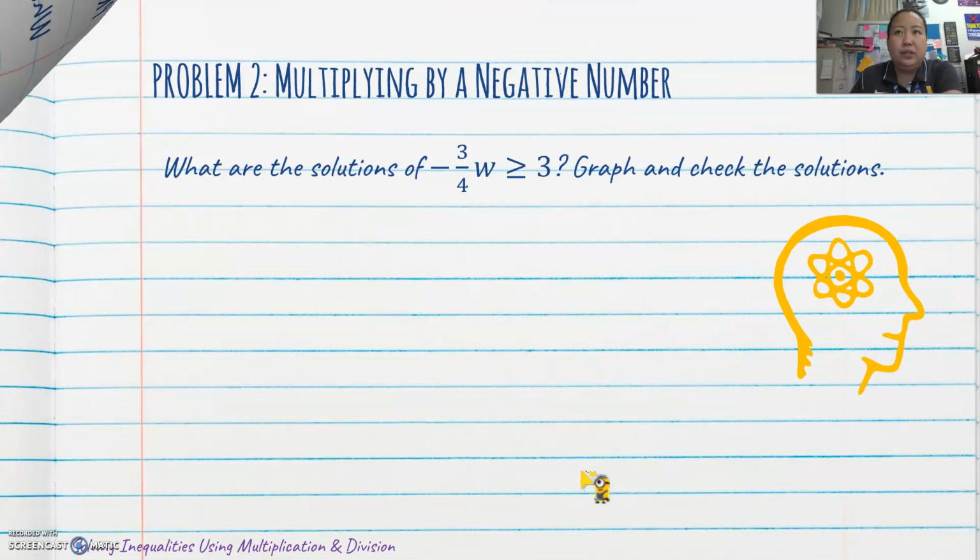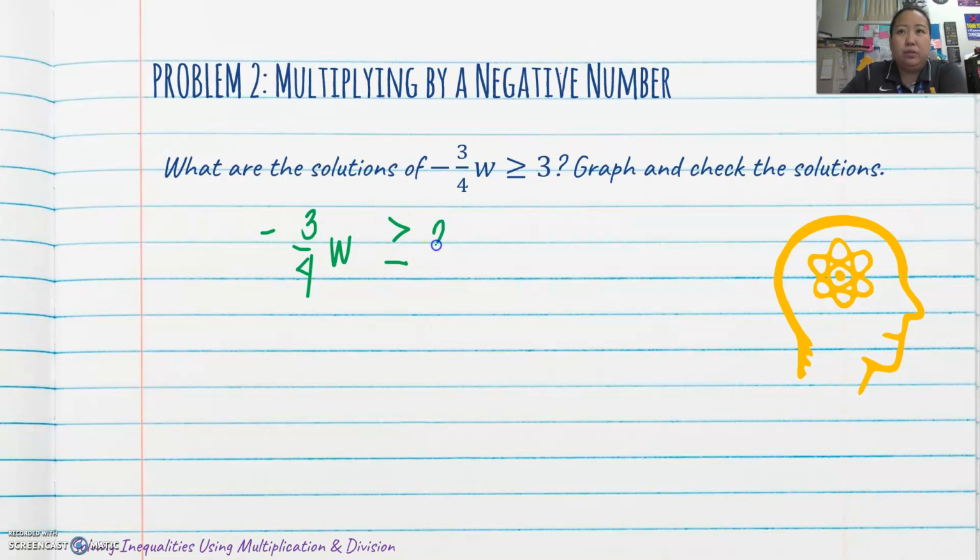Okay, let's have the next example. So here you can see that our multiplier now will be a negative number. We have our example, negative 3 over 4 W is greater than or equal to 3. Remember, when you have a fraction together with your variable, the best thing that you can do to remove that fraction is to multiply it by its reciprocal.